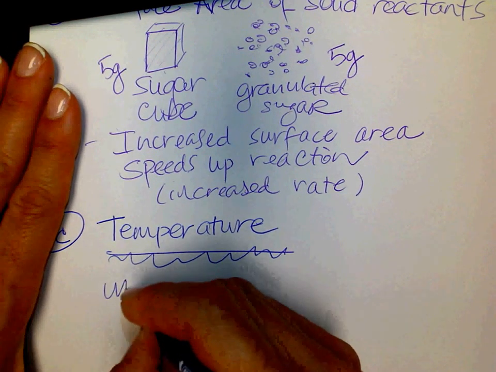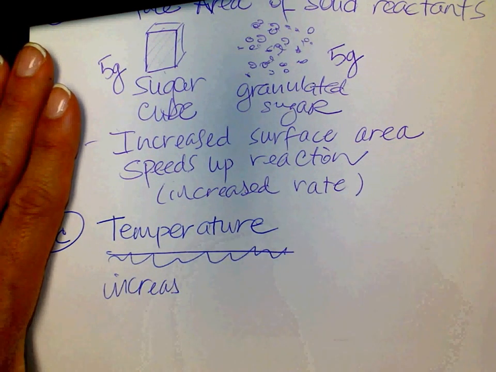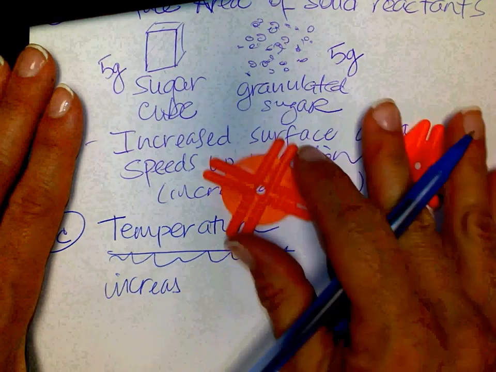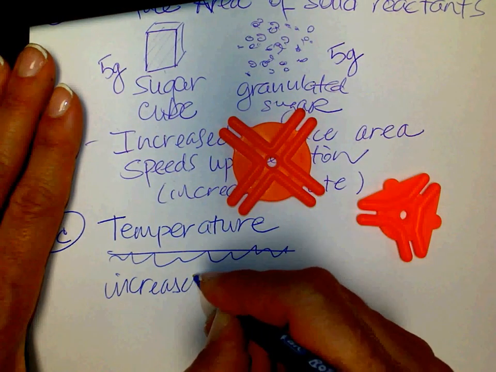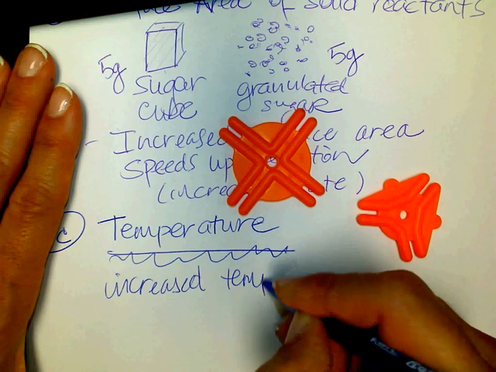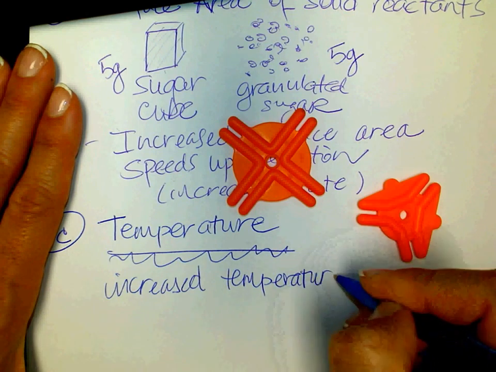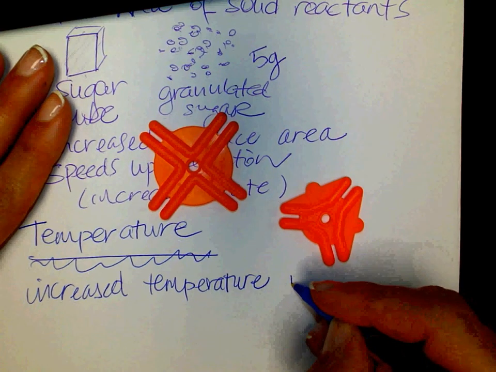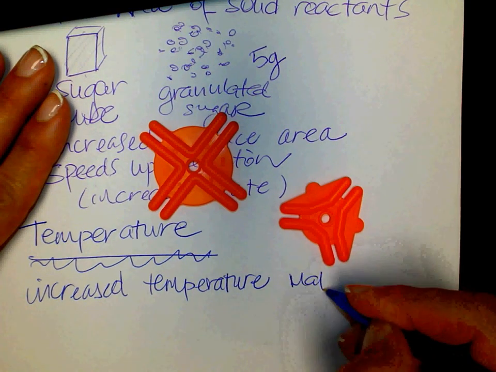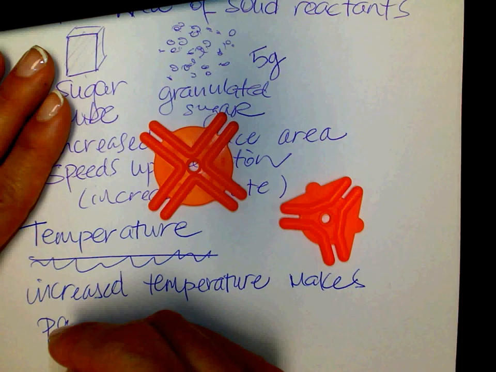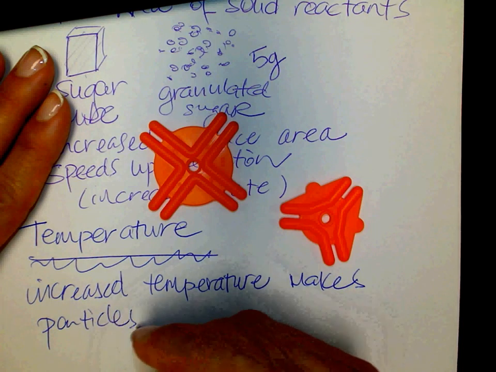All right. What happens if we increase the temperature? What does it do to how fast or slow these particles are moving? Makes the particles do what? Move faster or slower?